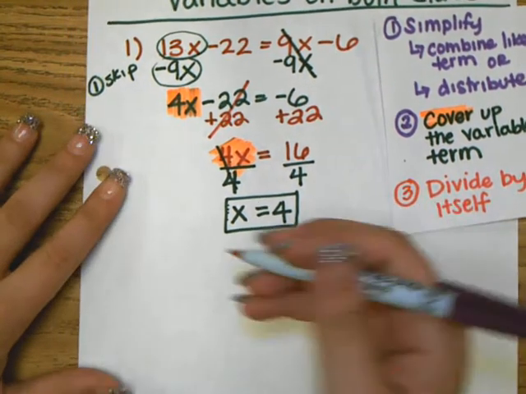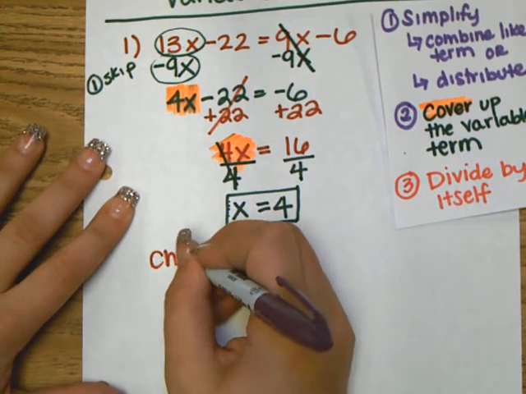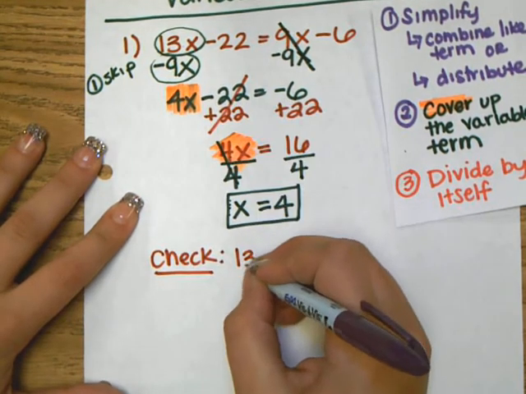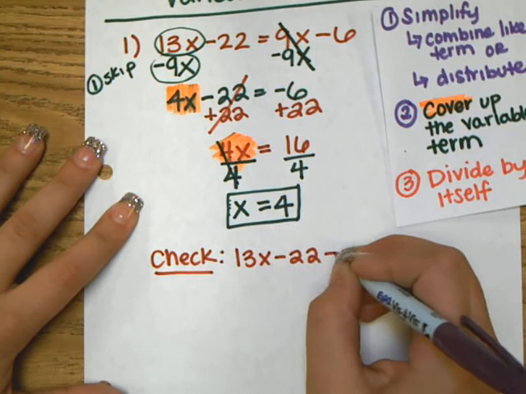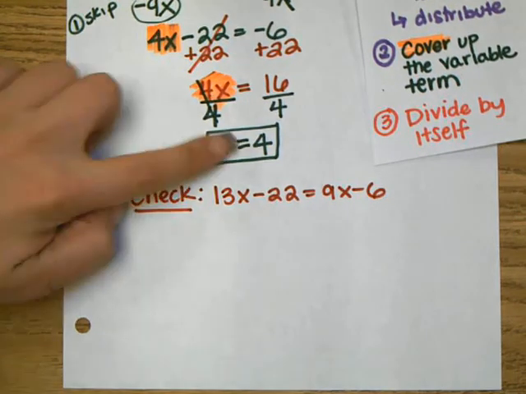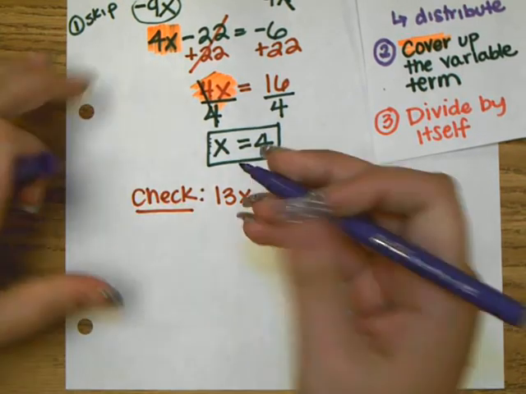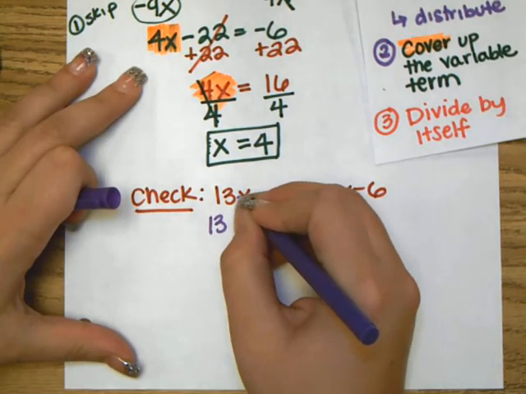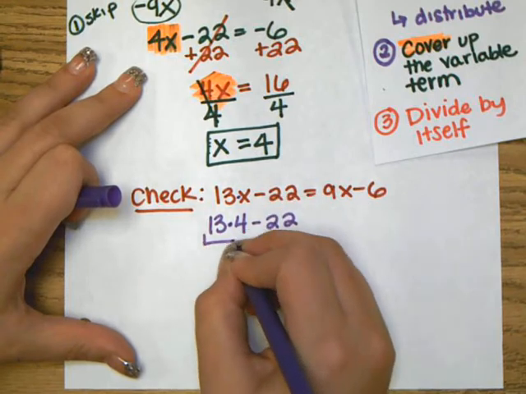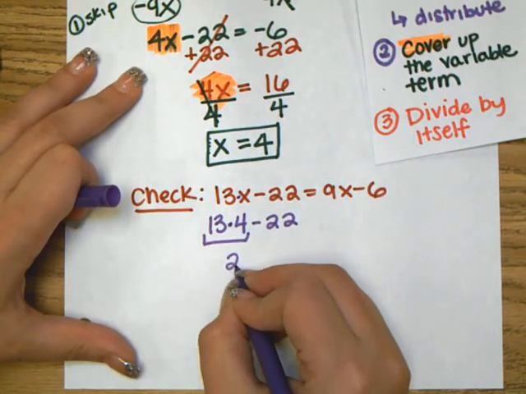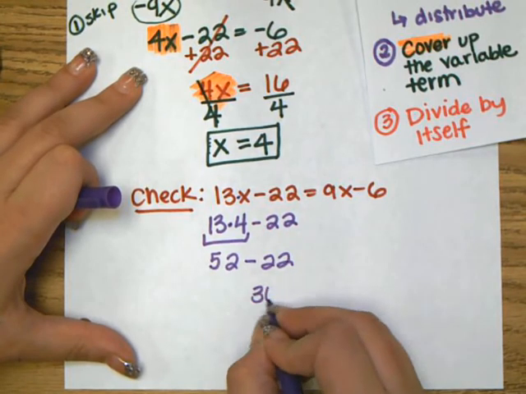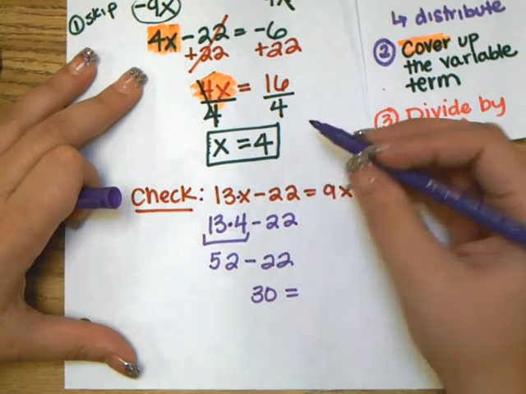Now, if we wanted to check this problem to know if this answer is right, we're going to take the original problem and wherever there's an x, we're going to plug in the answer we got, 4. So 13 times 4 minus 22. 13 times 4 is 52, minus 22 is 30.